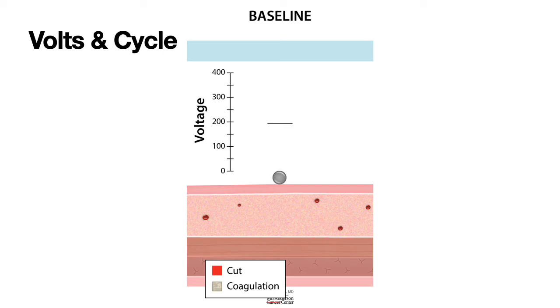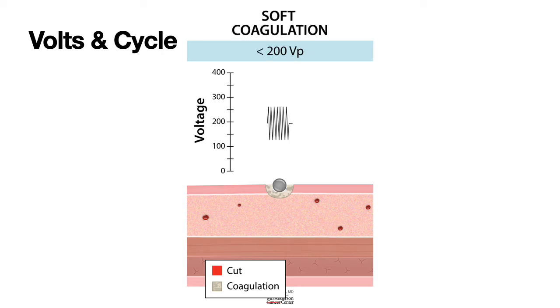So let us look at it. Here is a probe, or you could say the wire of a snare, touching the mucosa. Right now we are not producing any circuit through this area, but if you set it to less than 200 peak volts, it results in a soft coagulation, a very superficial coagulation.